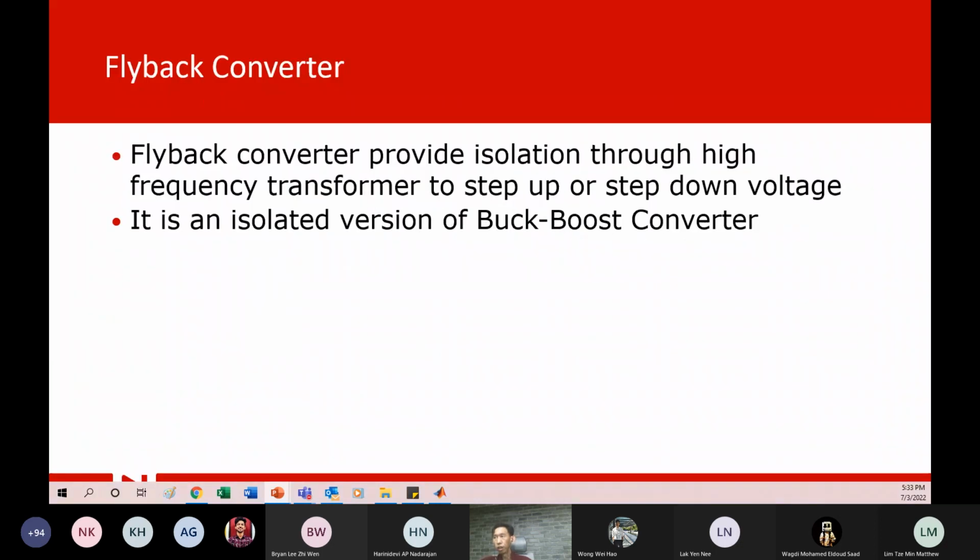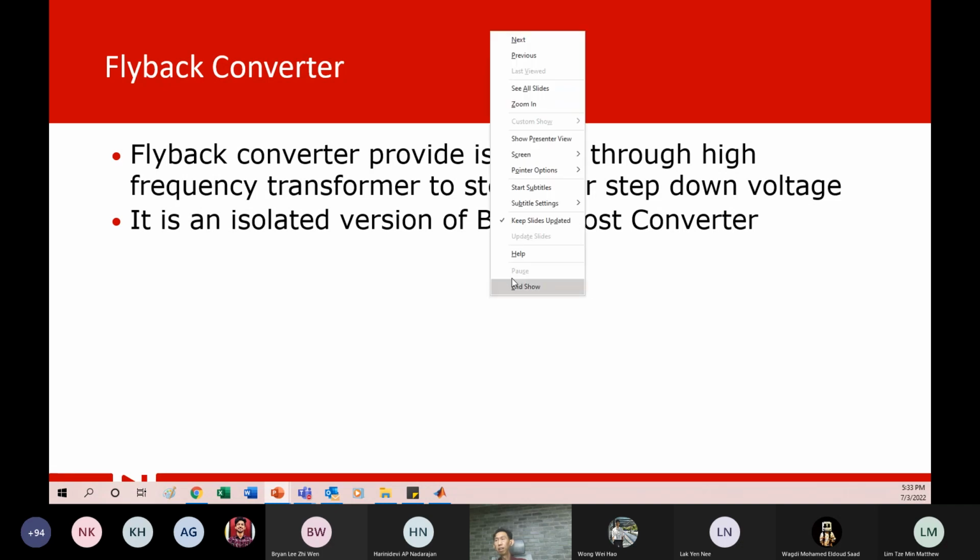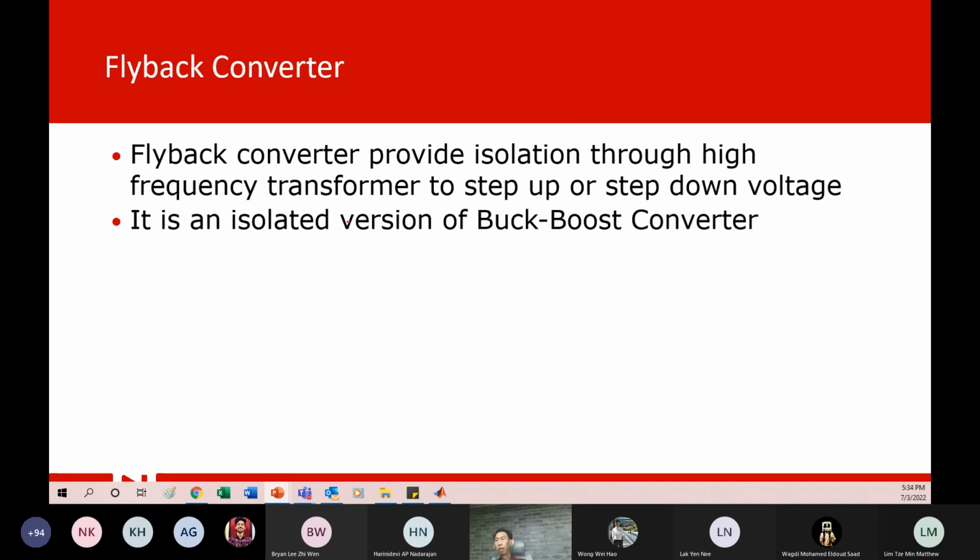The flyback converter provides insulation through a high frequency transformer to step up or step down. In other words, it's an insulated version of a buck boost converter.